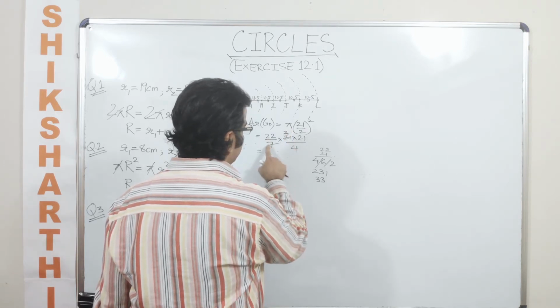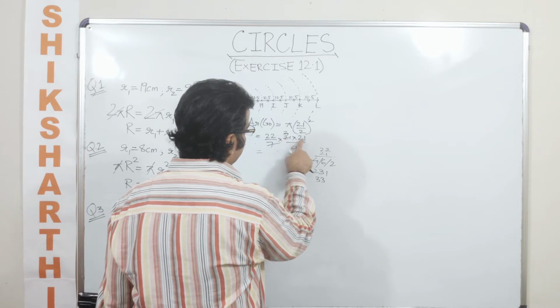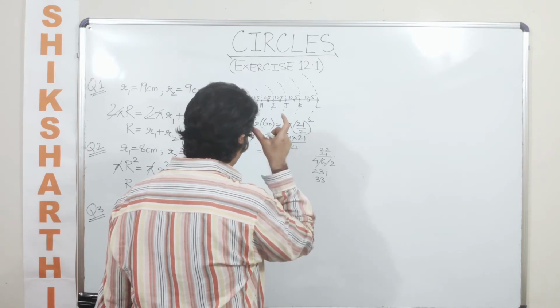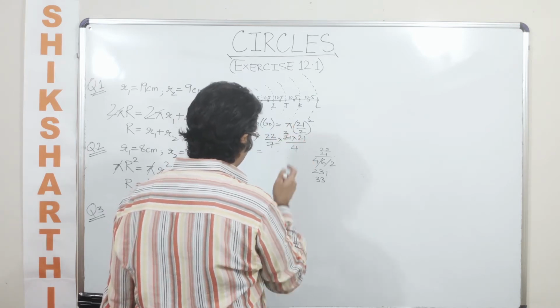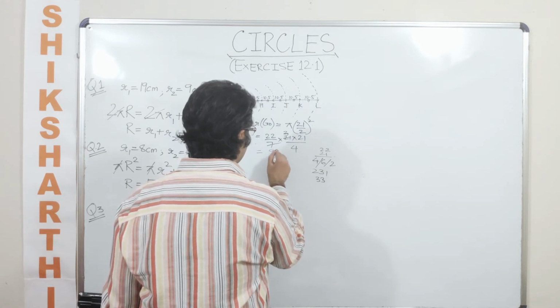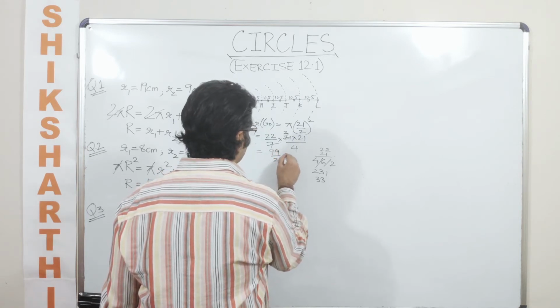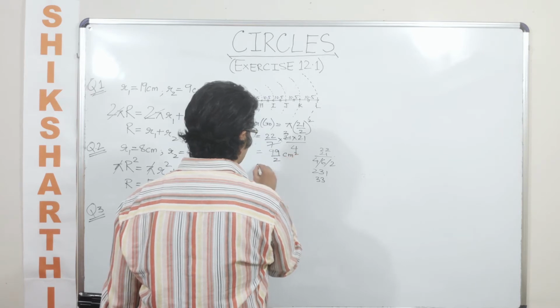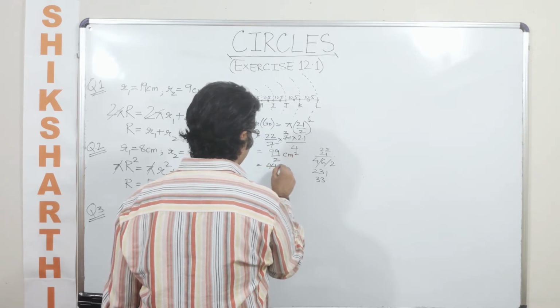So pi, which is 22/7 into 21 into 21 divided by 4. Okay. So when we got this, can I say this will be written as 99/2 centimeter square, which can be written as 44.5.